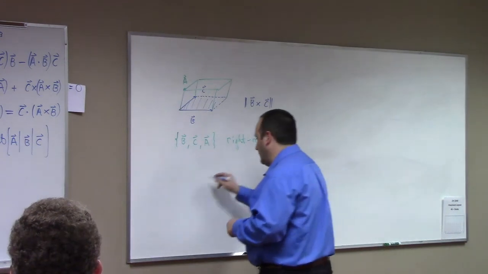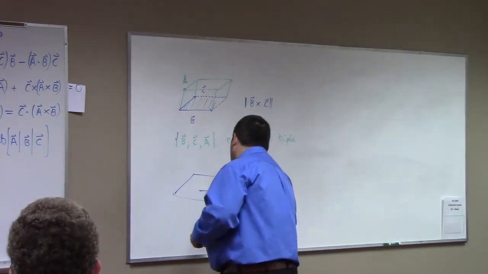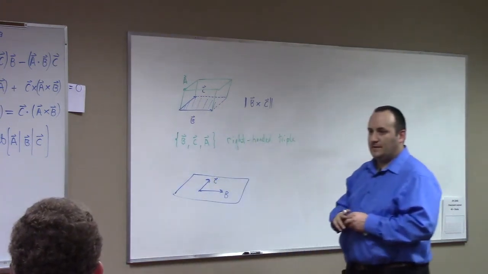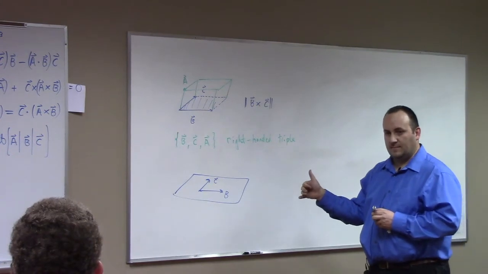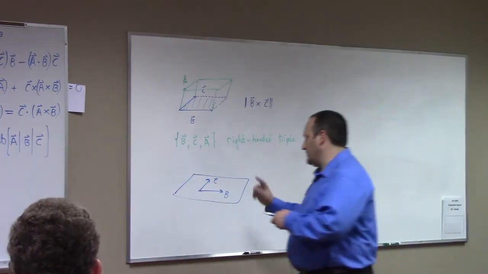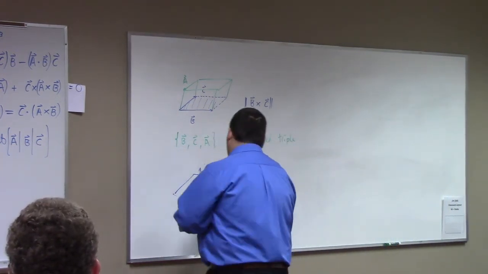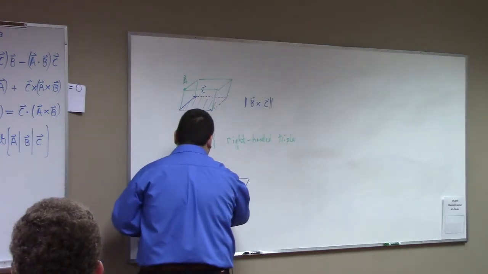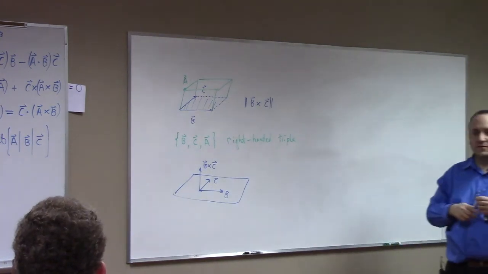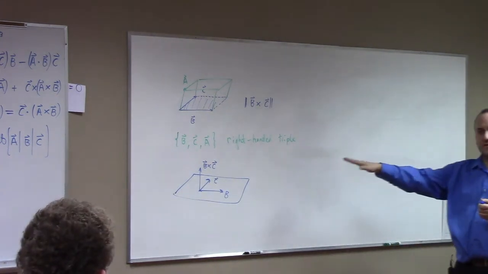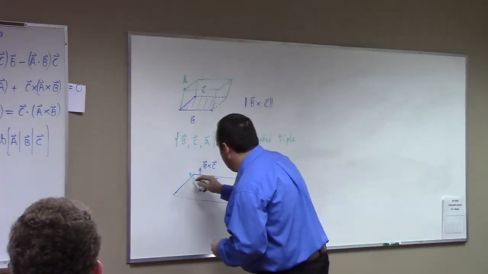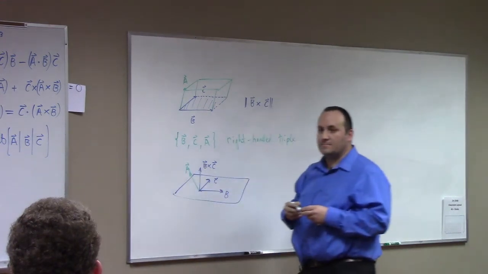It means that if you look at the plane in which you've got B and C, and you calculate B cross C, this is B cross C. Now A doesn't have to be equal to B cross C, but as long as it's on the same side of the plane as B cross C, it's a right-handed triple. So you could have something like A is like that. I would still say it's right-handed.